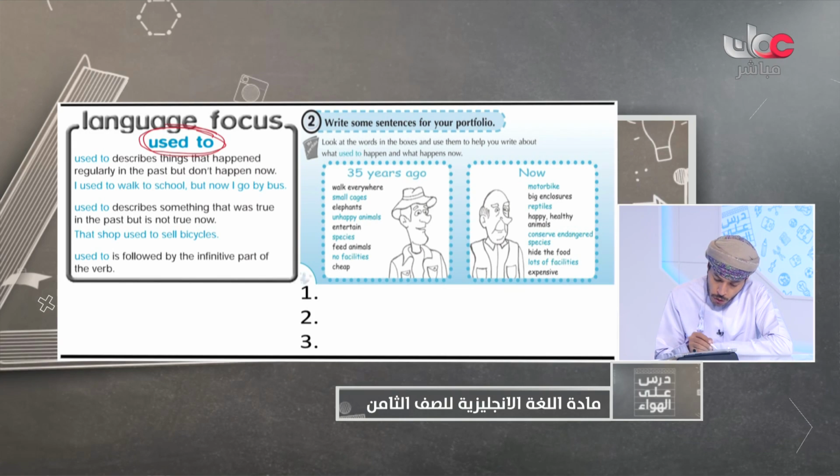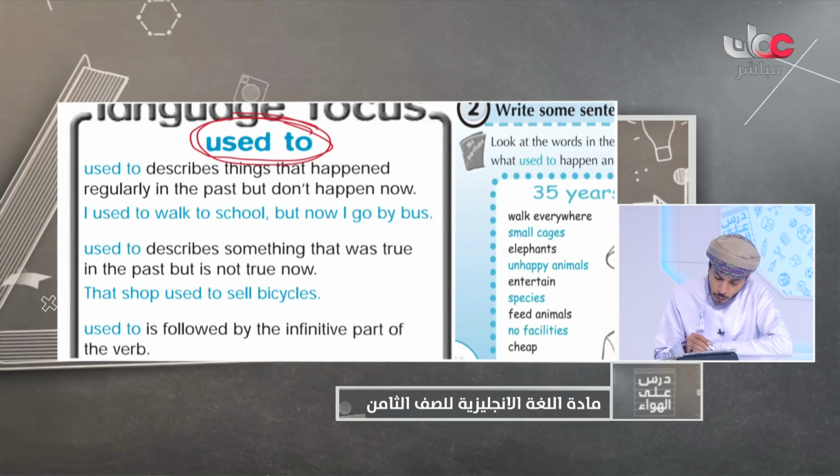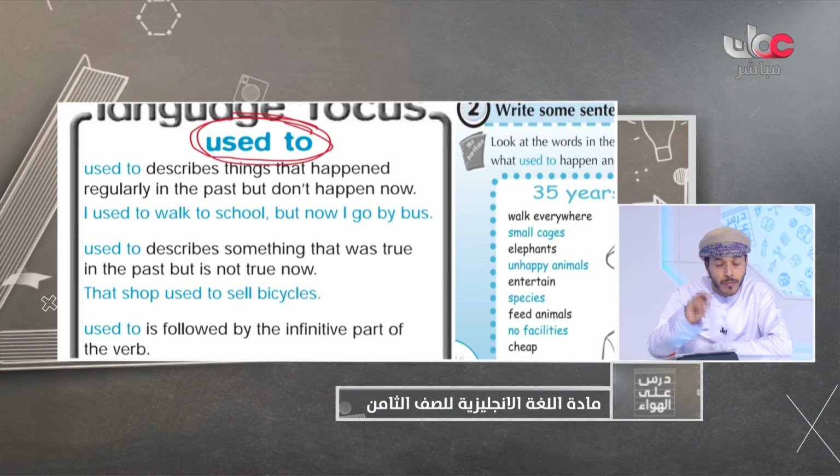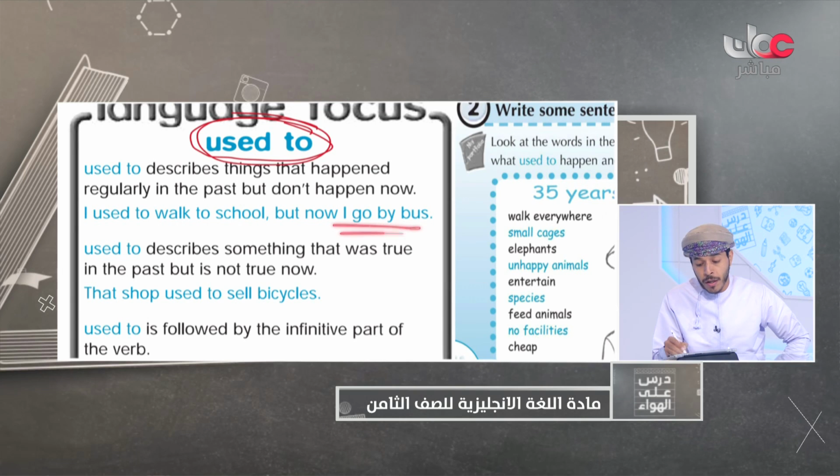So used to, in our language focus, describes the things that happened regularly in the past, but don't happen now, okay? Stopped. For example, I used to walk to school, but now I go by bus. So now I don't walk to school, but I go by bus.